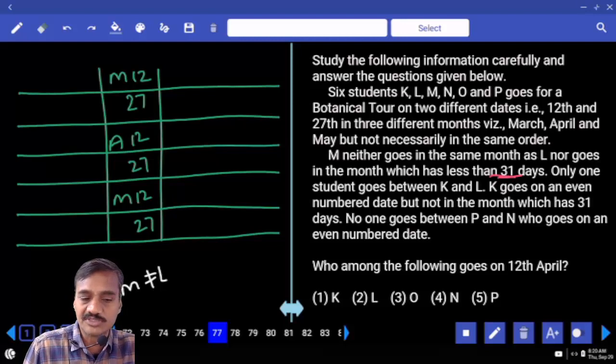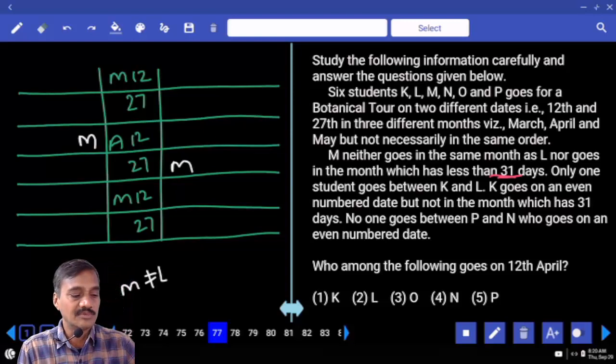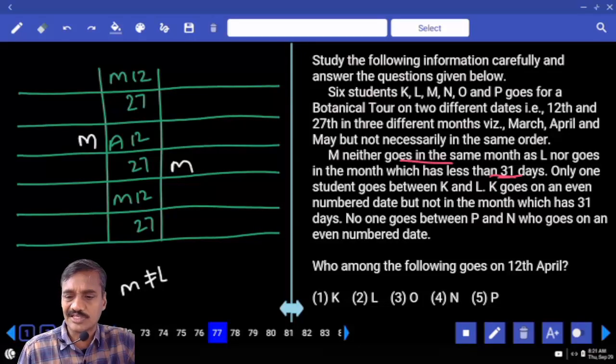Now out of these 3 months, March, April and May, where can it not be? Now it can be on April 12th or April 27th. Now here, M neither goes in the same month as L nor goes in the month which has less than 31 days. Now M is not going in the month which has less than 31 days.